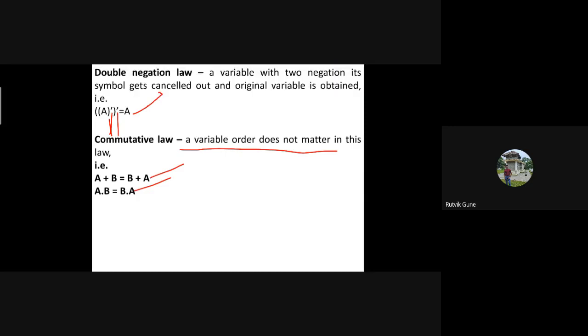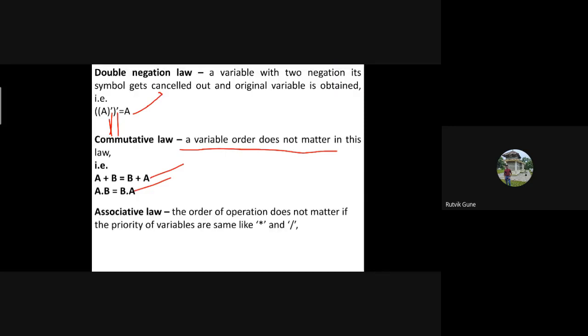Right, the next law is your associative law. The order of operation does not matter if the priority of the variables is the same. Now what does this mean?